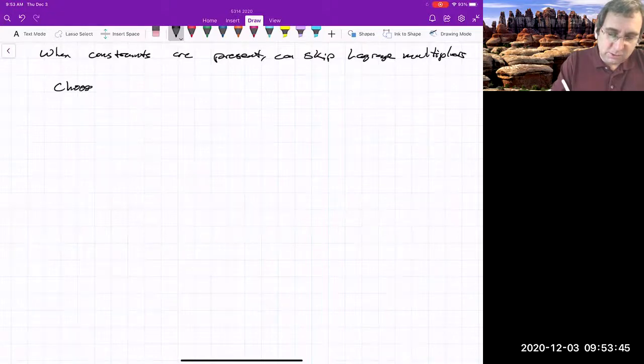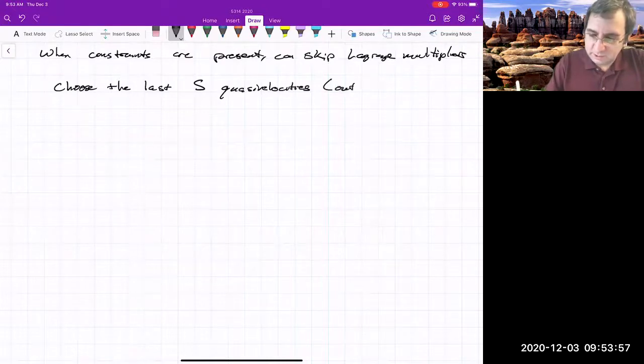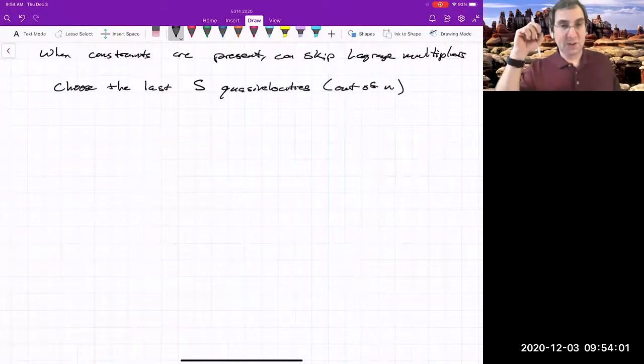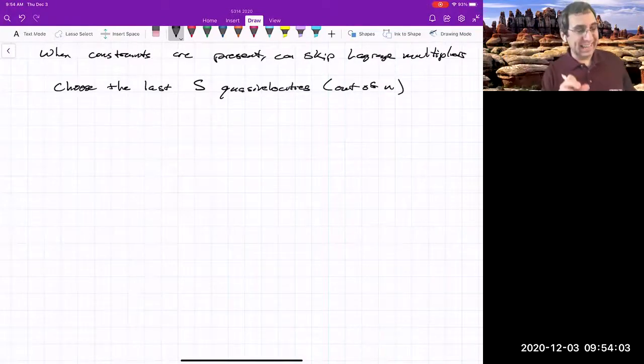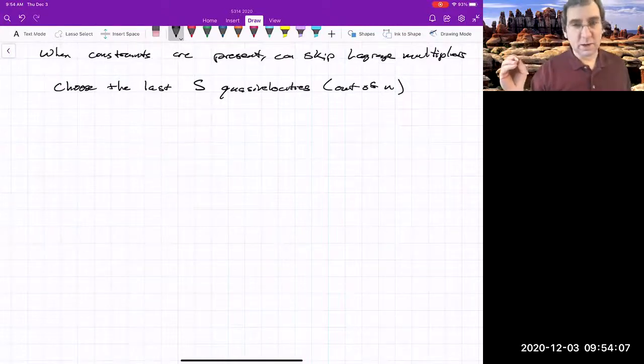So here's what you do. You choose the last S quasi-velocities, right? Because out of n, we have as many quasi-velocities as generalized coordinates. So we'll pick the last S of them to be the left-hand side of the constrained equations.